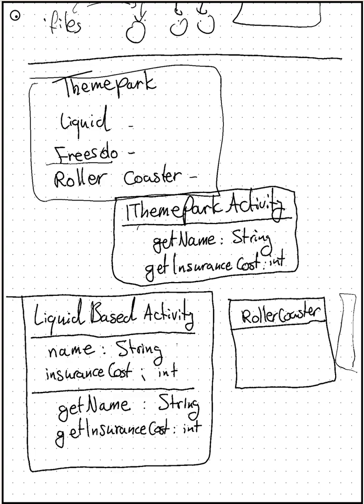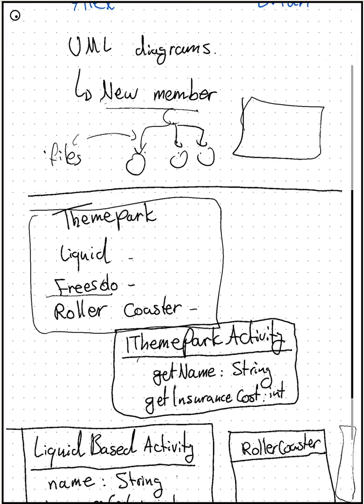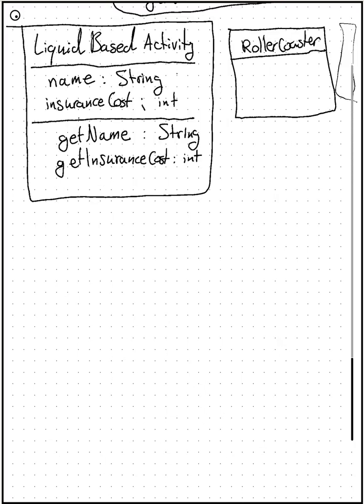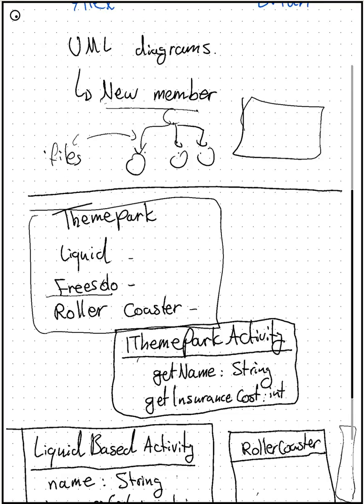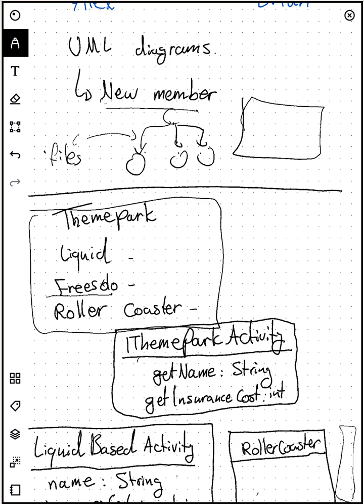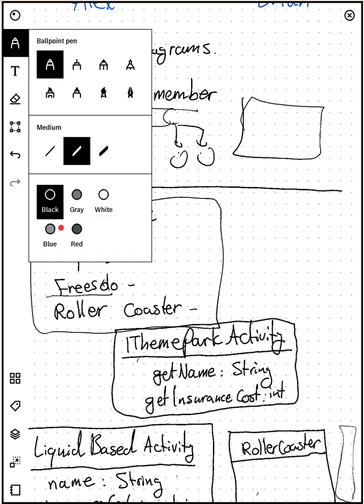Okay, anything left in this diagram? Anything else we should do? I think we need to add arrows to connect the interface with the classes. Yes, precisely. So our classes here both implement the theme park activity. I'm going to use a different color because it's very important.